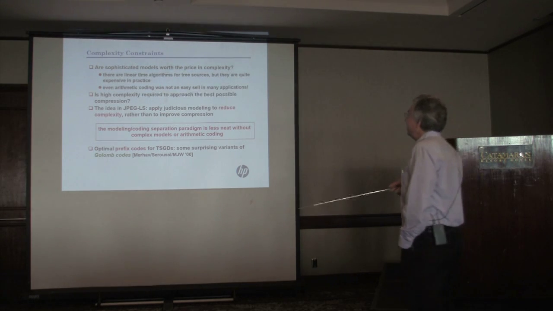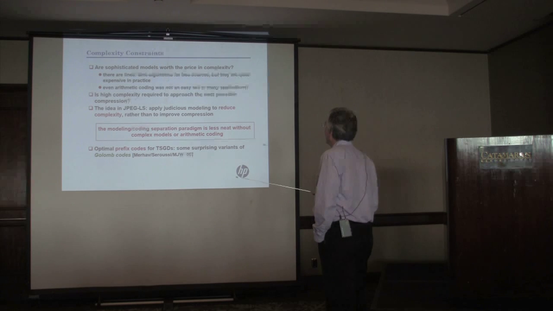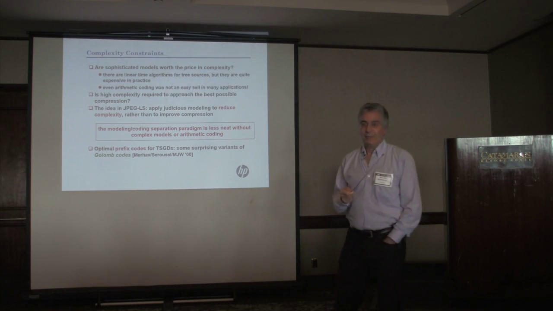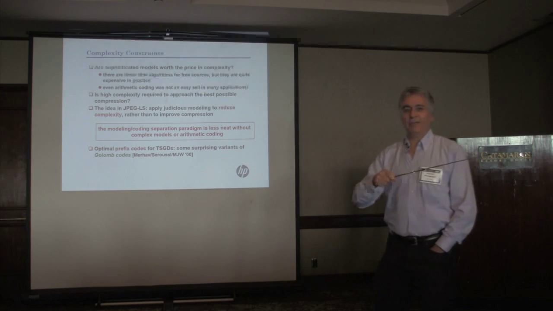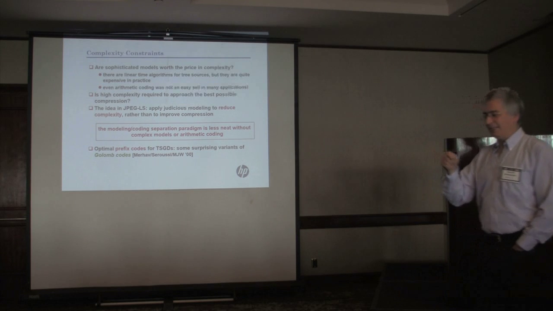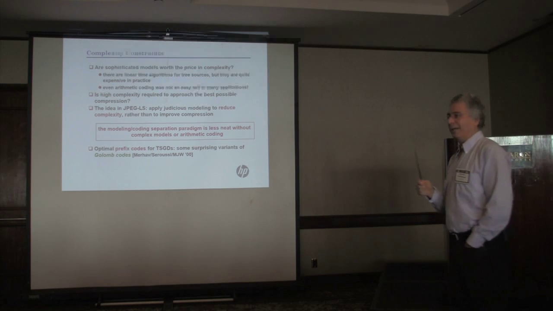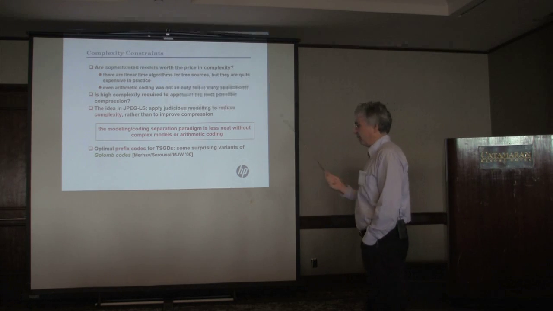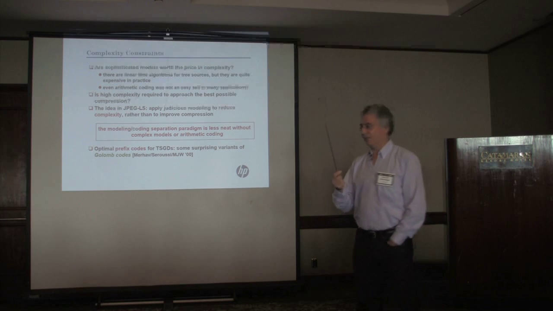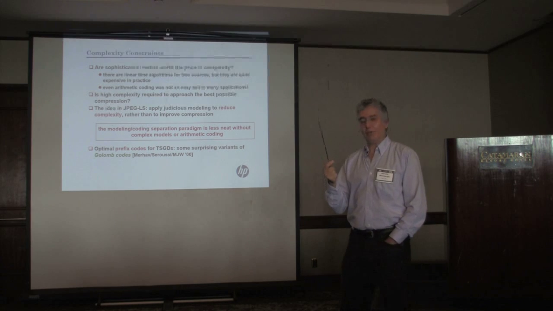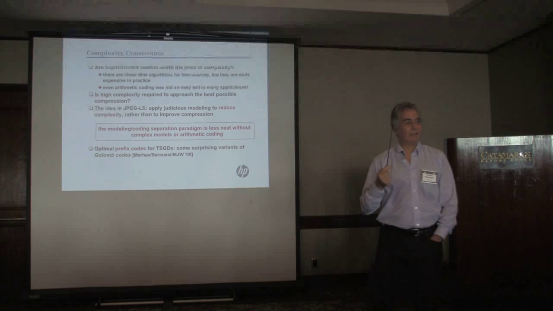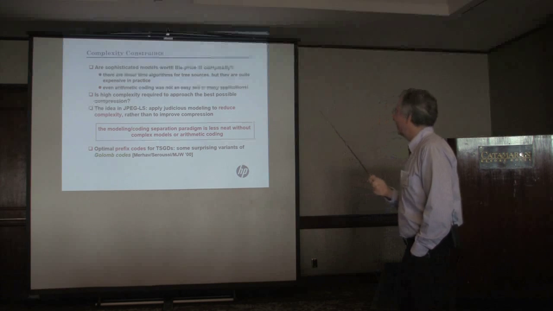So the question is, is high complexity required to approach the best possible compression? Here I'm going back to the premise I had at the beginning of the talk about enabling technology versus differentiating technology, and where it may be important to be an information theorist rather than just applying information theory.